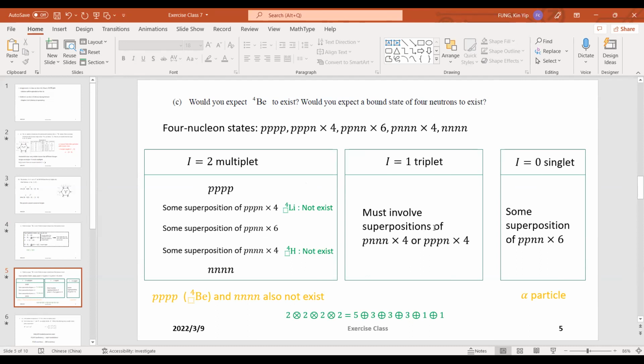You cannot jump through this. If it is a singlet state, you will always be in a singlet state because that's a symmetry. Just like if you are in I equals 2, then no matter how you transform, you will always be in an I equals 2 state.